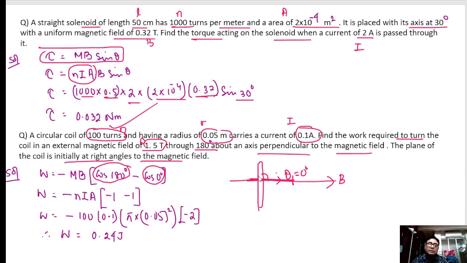That means if this is the A and B, it is now turned through 180 degree, and this angle is 180 degree. Okay, so we are putting the values, cos 180, cos 0. Calculating area, we can find area is pi r square. So this is the work done.